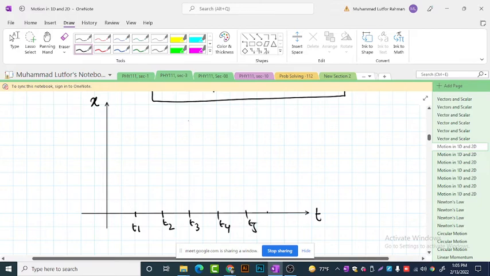Say the displacement versus time graph of a particle. It's like that.